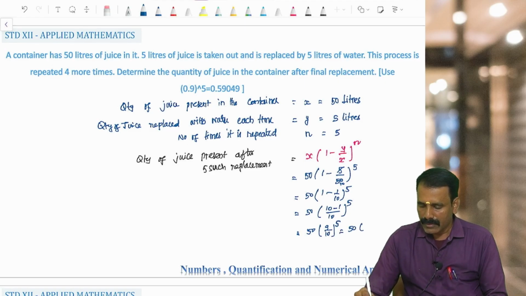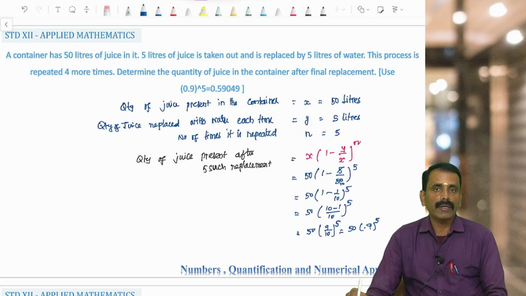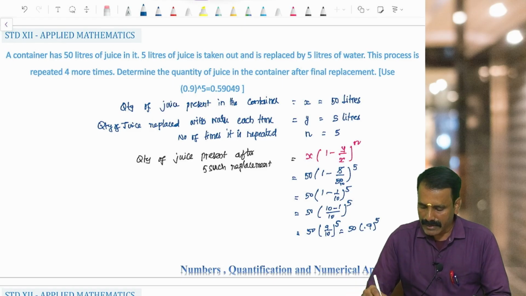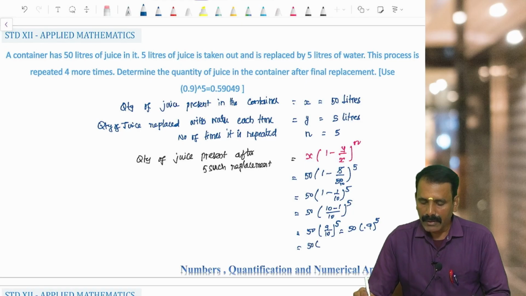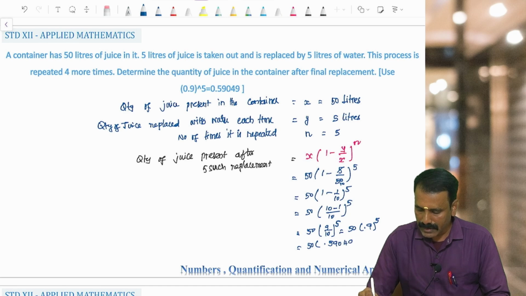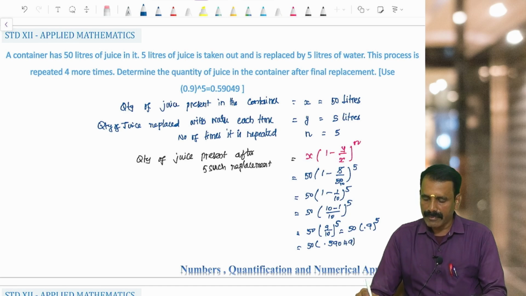And 50 into 0.9 whole power 5. And they are given the value for 0.9 whole power 5, which is 0.59049.